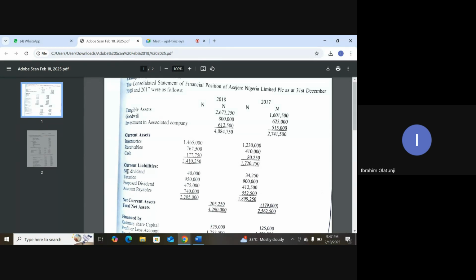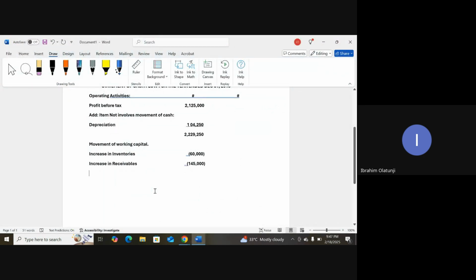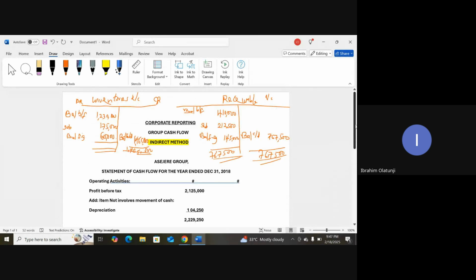And the current liability that we have here is accounts payable. So you can say payables. As a result of that, we have to do a calculation for payable as well.